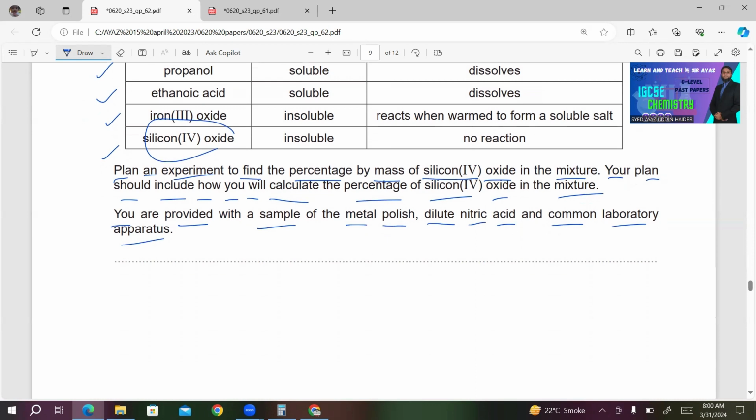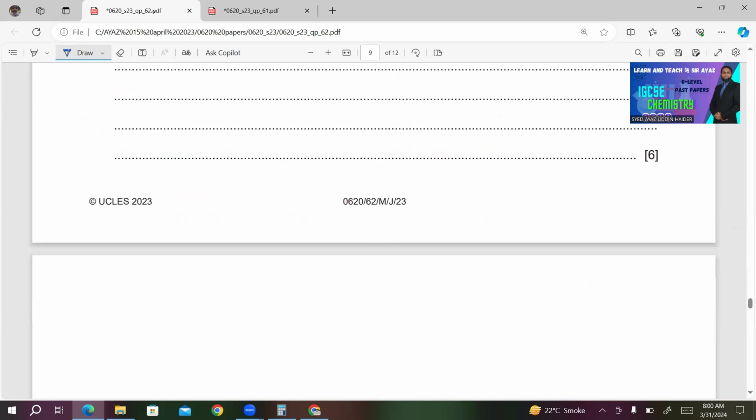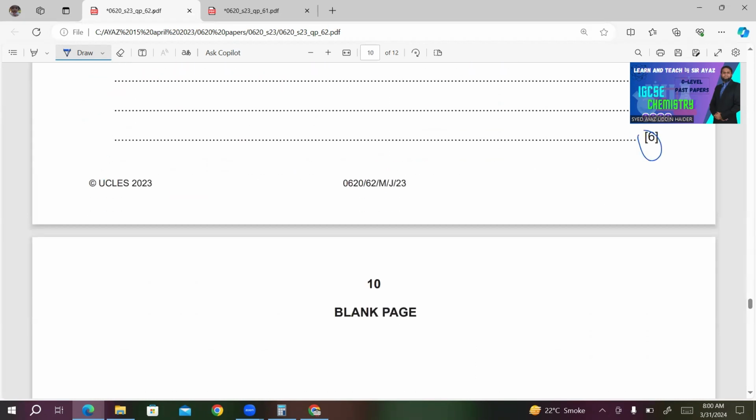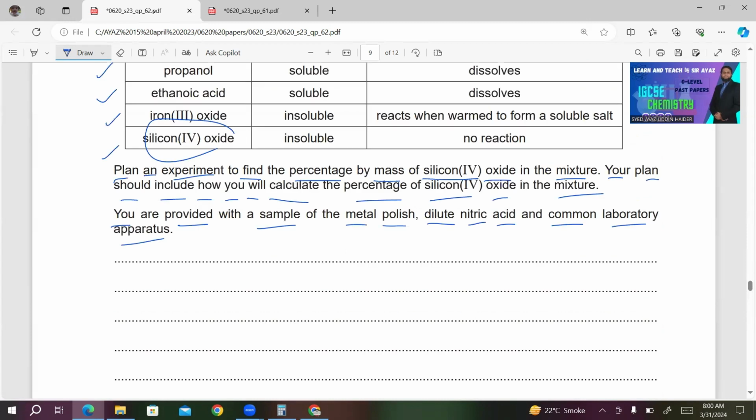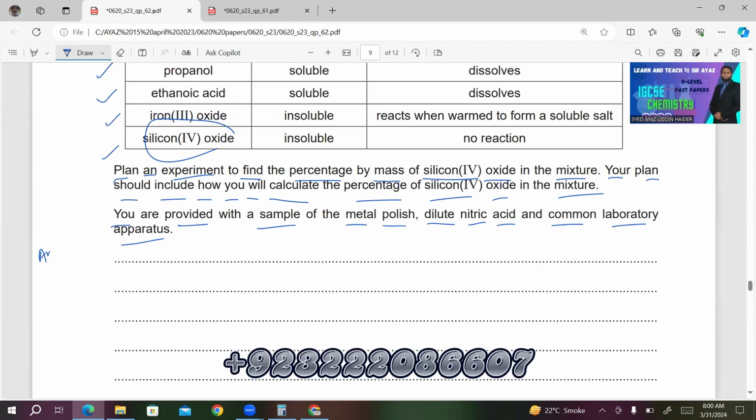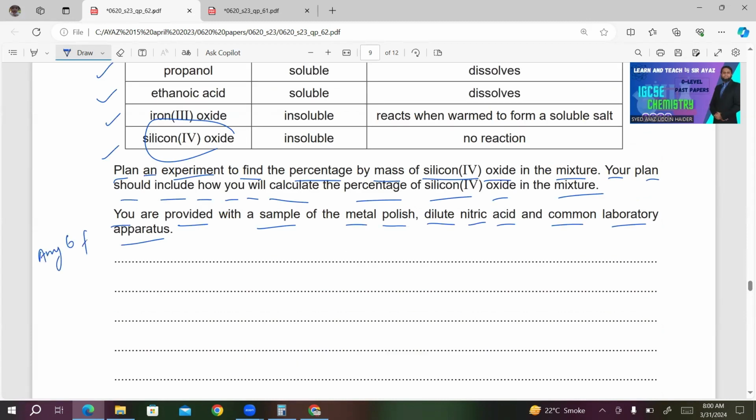So let's look at the marks for this question. It's 6 marks, so you can have 6 points. You can write any 6 from these. What you can write: take a known or weighed mass of polish in a beaker.